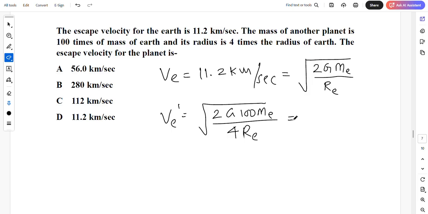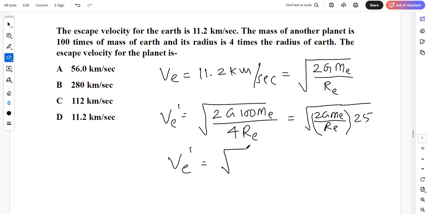Radius is 4 times, mass is 100 times. I can write this as square root of 2 G Me by Re, and the root itself. 100 by 4 is 25. The same thing I can write as V dash is equal to square root of 2 G Me by Re into root of 25.